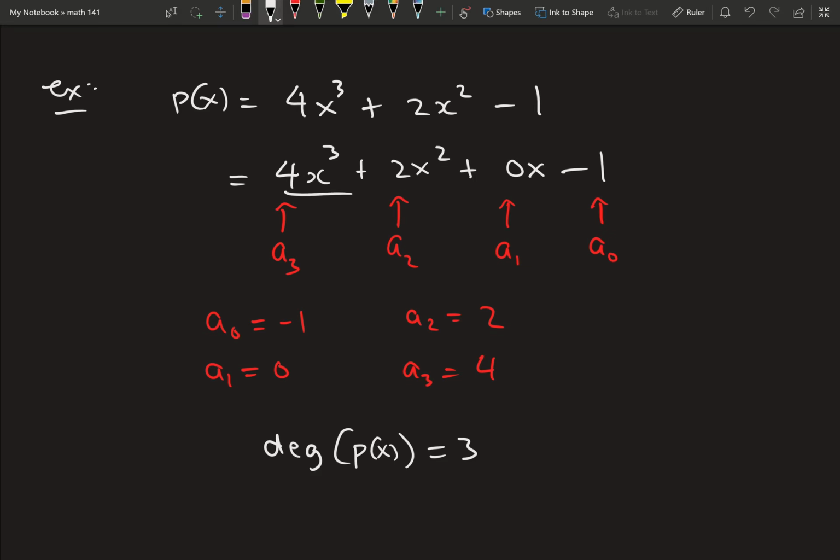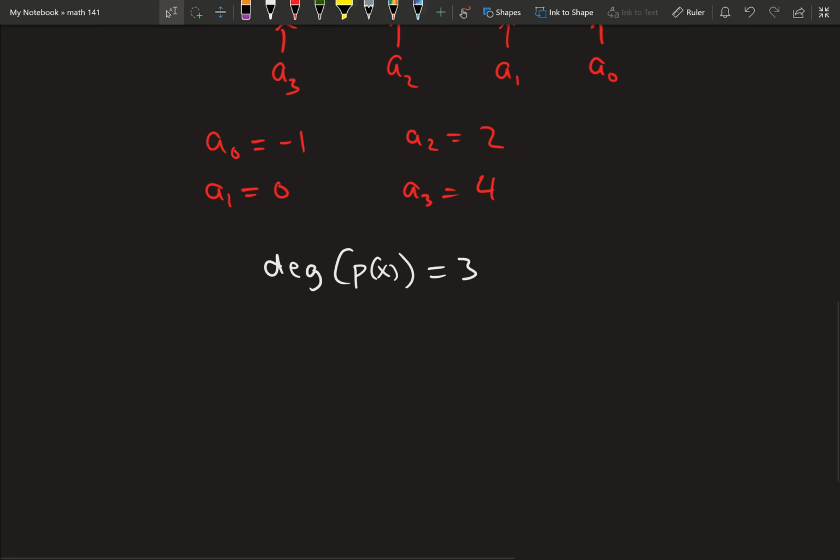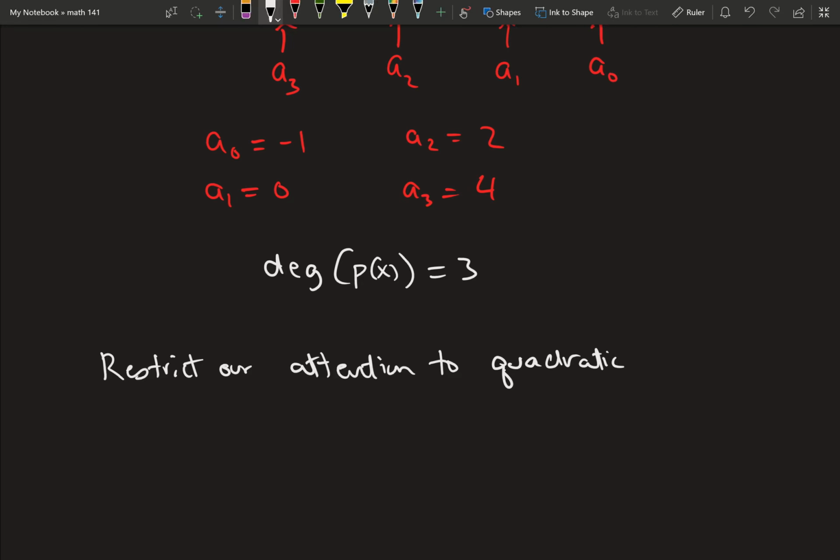So for this section, what we're going to do is restrict our attention to what are called quadratic polynomials. We can say quadratic functions. So what is a quadratic polynomial?